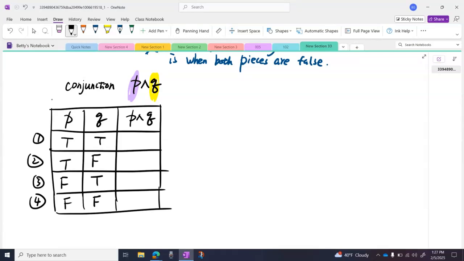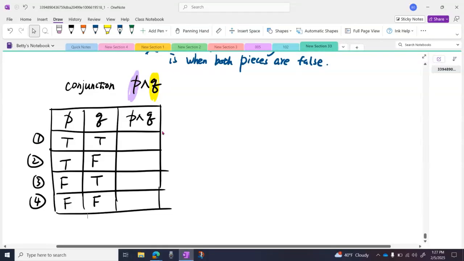Please always follow the same order. TT, both true. TF, P is true, Q is false. FT, P is false, Q is true. FF, both are false.